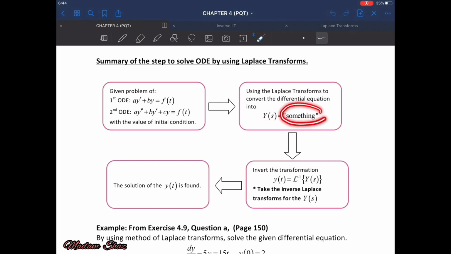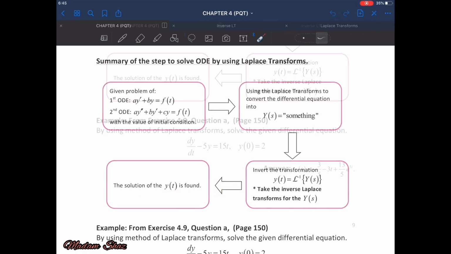The something on the right hand side depends on your question. Then from Y(s) equal to something, we take the inverse Laplace transform of Y(s). For the last step, the solution y(t) is found.